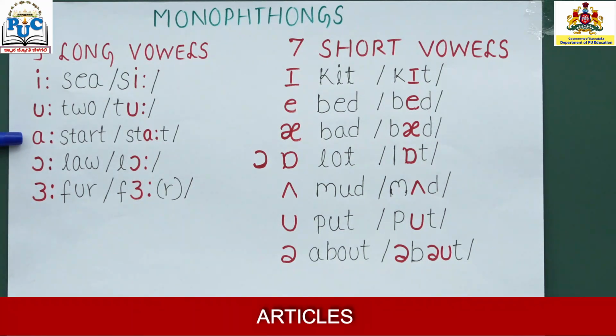Look at the next one. A with 2 dots, as in start. Here R is silent. The next one is o, as in law.